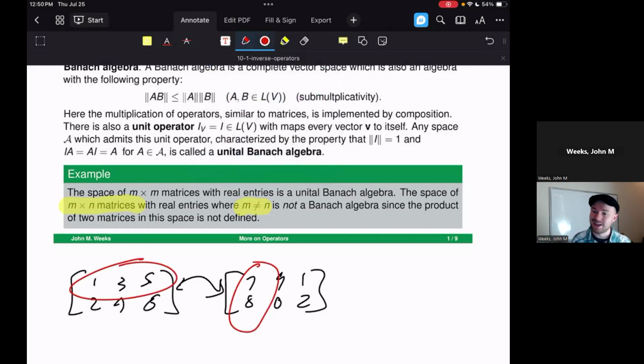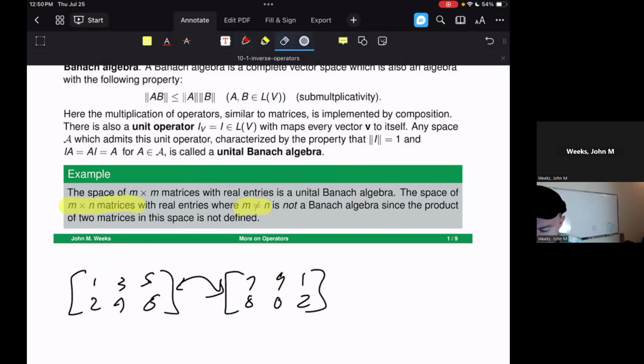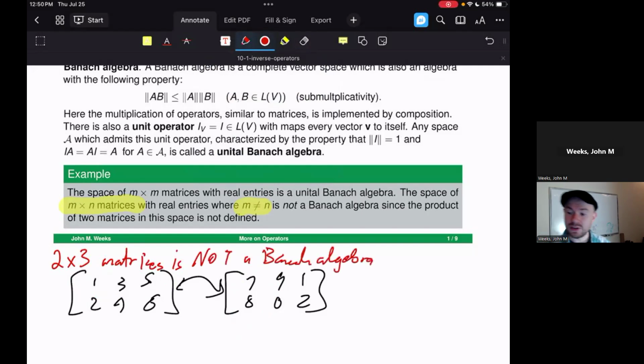For example, I can't take a dot product between these two vectors. So this is an example of something in which I cannot multiply. This means that the space of 2 by 3 matrices is not a Banach algebra. It is an example of something where the vectors that lie within, in which case the vectors are matrices, are not themselves multipliable. You can't go through and multiply them.